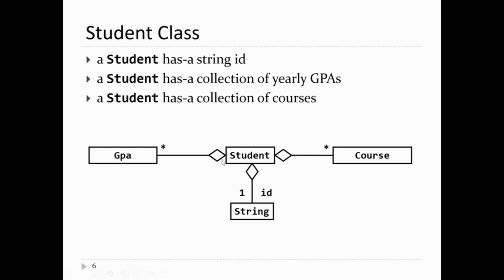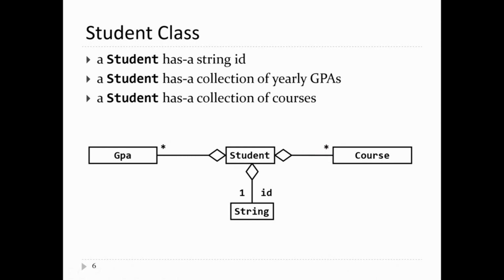It shows that student is an aggregation of some GPAs. It doesn't show the collection that's storing the GPAs. So in other words, it doesn't show that student is a list of GPAs. Similarly, it doesn't show that student is a list of courses. It shows that student is just an aggregation of 0 or more courses. That's what the star means. Star means 0 or more.